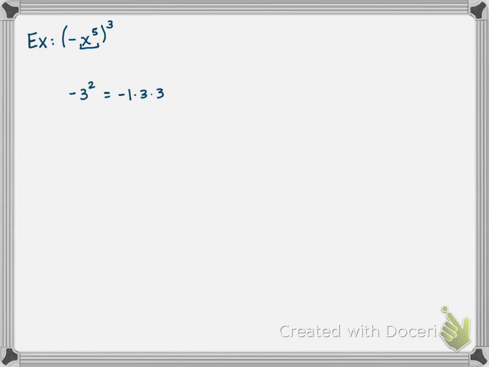Like that's just 5 factors of x. And then I have this extra factor of negative 1. So it becomes problematic because we have to separate those 2 factors, because the 3 applies to both of them, but the 5 only applies to the x, right? And so the way we do that is just using this factor of negative 1. So anytime you see a negative sign, you want to think of it as a factor of negative 1.